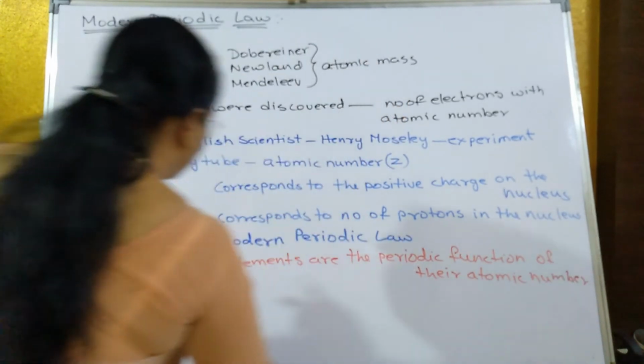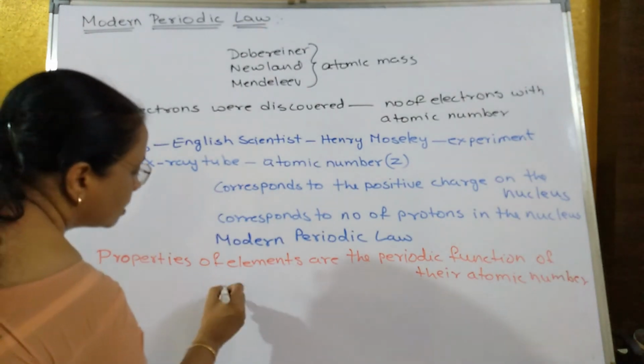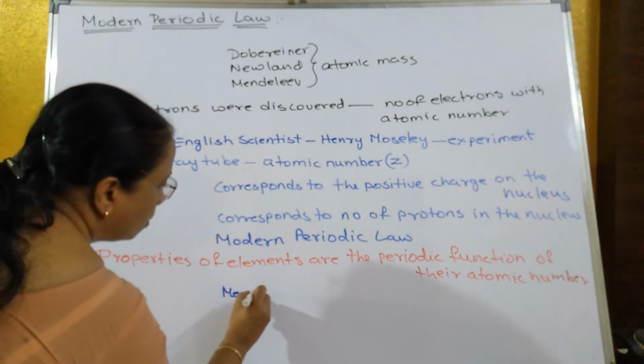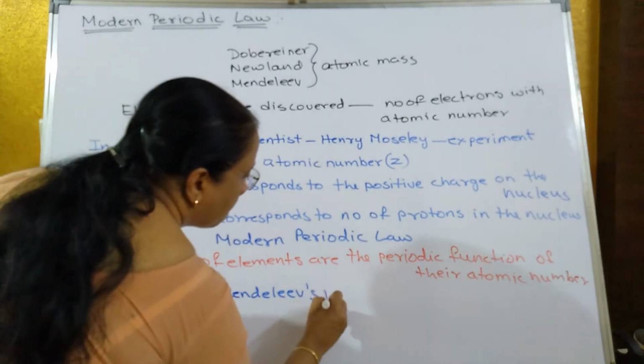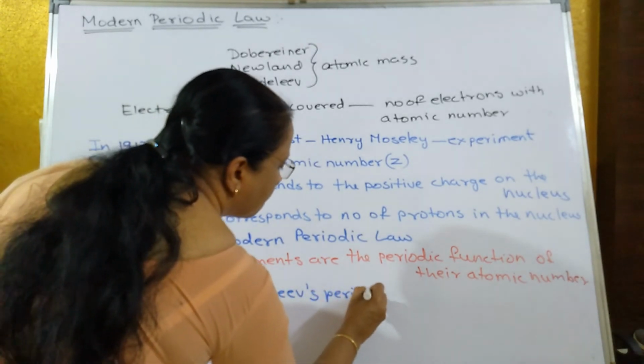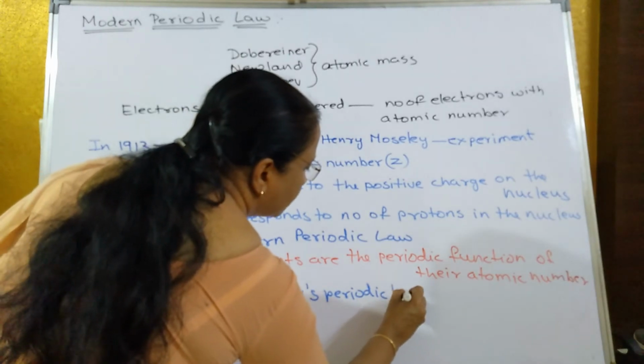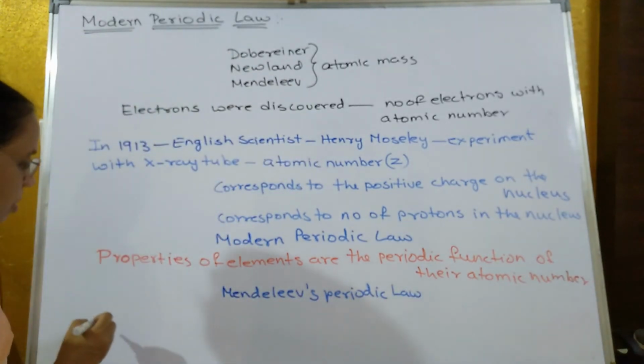And what does Mendeleev's periodic law state, which we have studied before? Mendeleev's periodic law states it is the same as this law, only a slight difference is there. What is that?